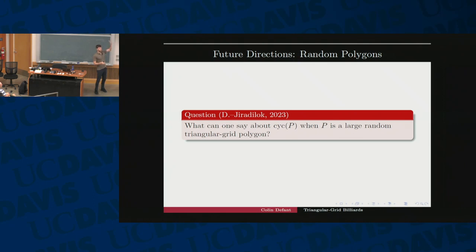I kind of expect the variance of the number of trajectories would be big in the sense that probably this should be sensitive to what happens on the boundary. But anyway, I would personally love to think about this if anyone has ideas. Part of the issue is just figuring out what is the correct model for a large random region that you should be using. So anyway, I think that would be cool. Let me know if you're interested or if you have ideas.